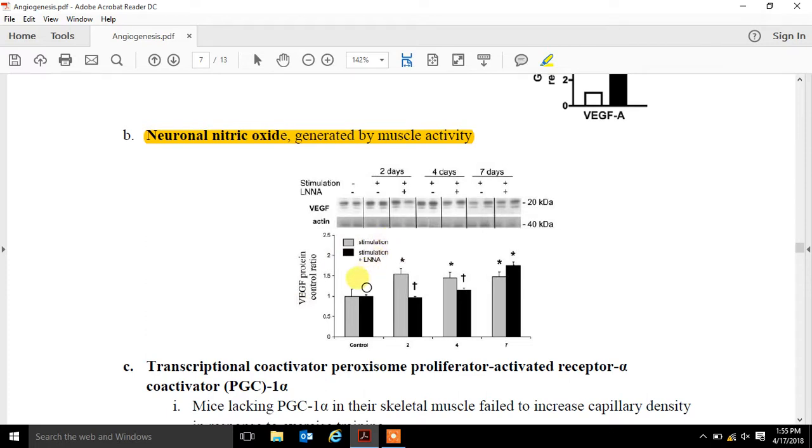Under stimulation, VEGF goes up. Again, VEGF is one of those signaling molecules. If we block neuronal nitric oxide, the increase is very blunted. Eventually it works its way back up, but it's blunted. So we think neuronal nitric oxide may be playing a key role.